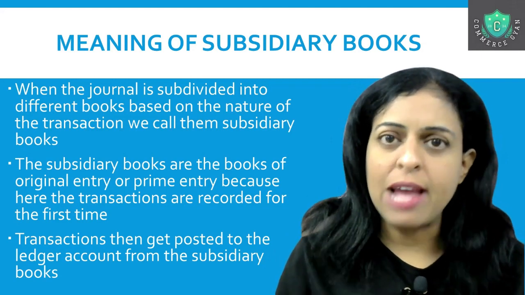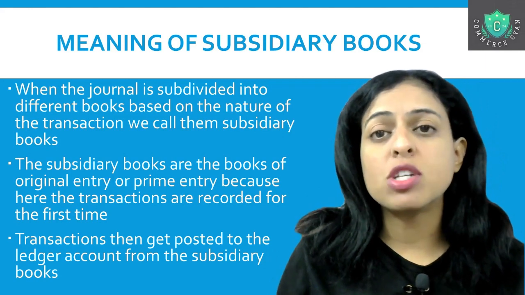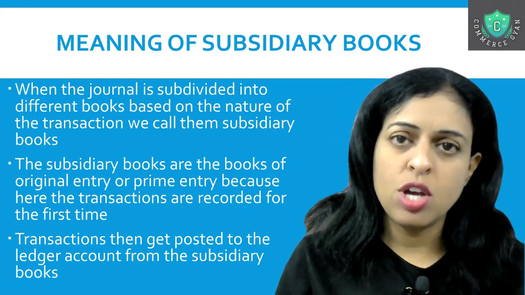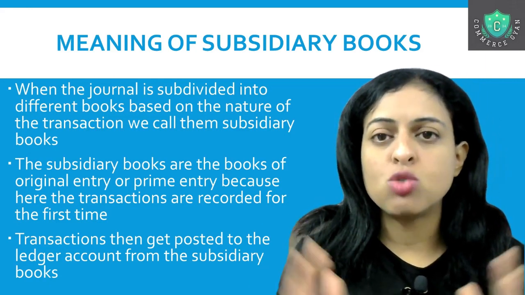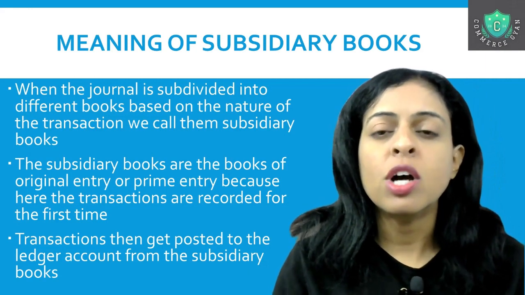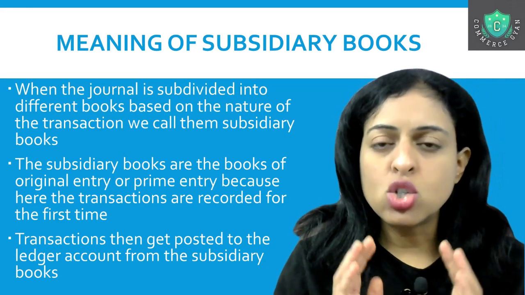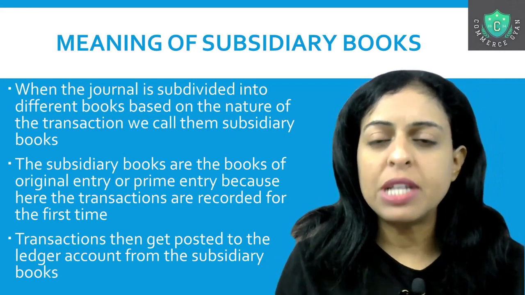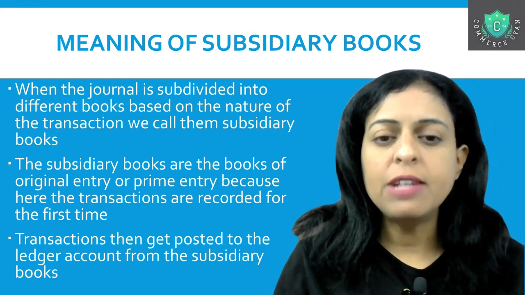So it is a primary book of entry. From this subsidiary book, your transactions are going to get posted into the ledger. This is not a secondary book, though it may seem like one, because we are doing a kind of summarization under the subsidiary book, but it is not a ledger. It is a journal only, a subdivision of the journal, because repetitive transactions are written directly in the subsidiary books.